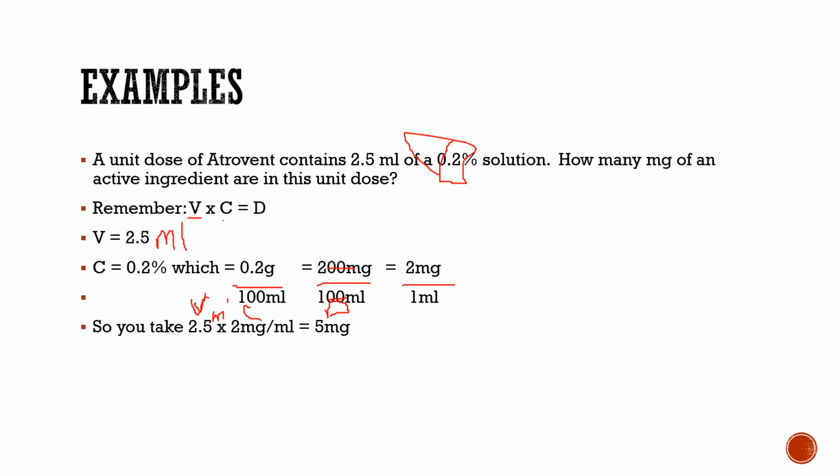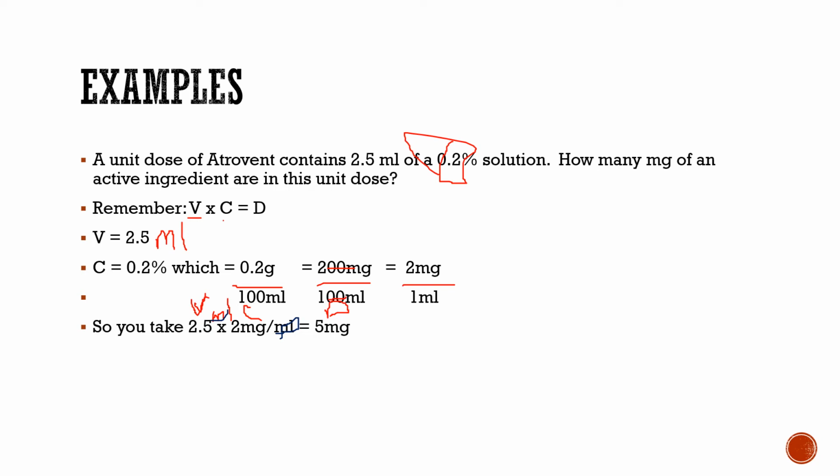So this was 2.5 mils. I didn't do a very good job of setting this up beforehand. Hindsight's always 20/20. So you would cross out your mils, and now you have 5 milligrams. That's your dose. Hopefully that is clearer than it looks right now.